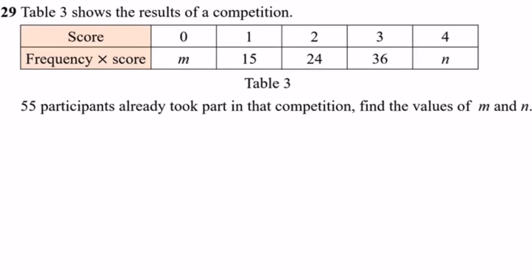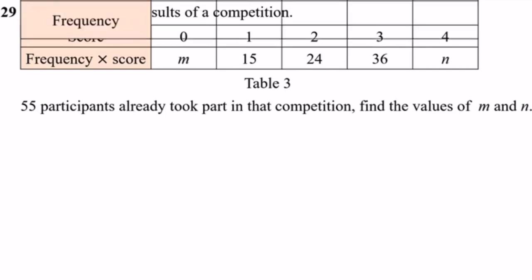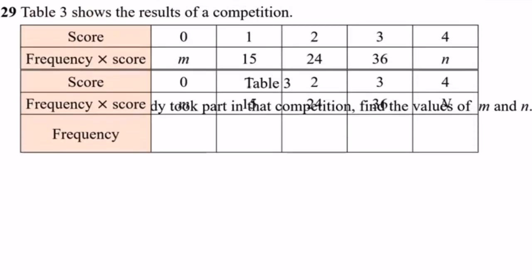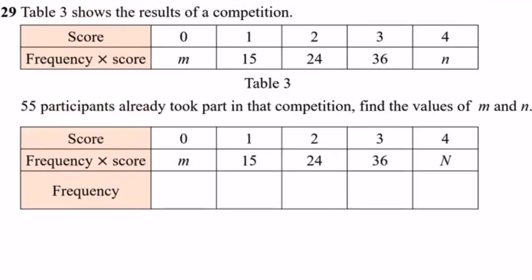This question is really challenging because you have to think how to do it. Basically you have to come up with a table so that you can see the frequency, because the total participant is 55 students. So that means the total frequency was given.